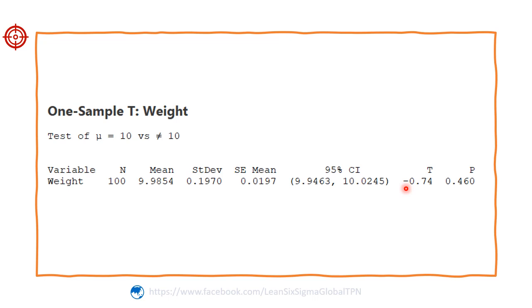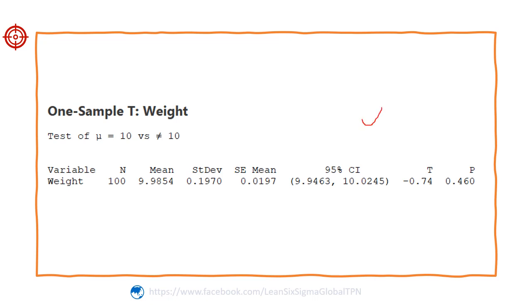Recall that the p-value is the probability of obtaining a test statistic that is at least as extreme as the calculated value if the null hypothesis is true. In other words, if the population mean is really 10 kg, then the probability of randomly selecting 100 tanks from the population and obtaining this test statistic is 0.46.